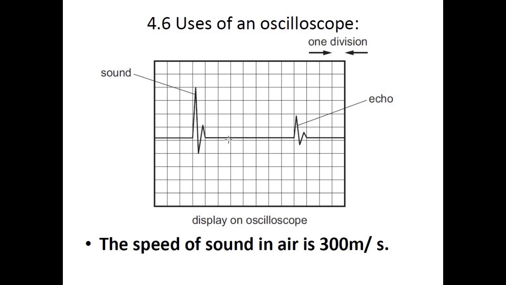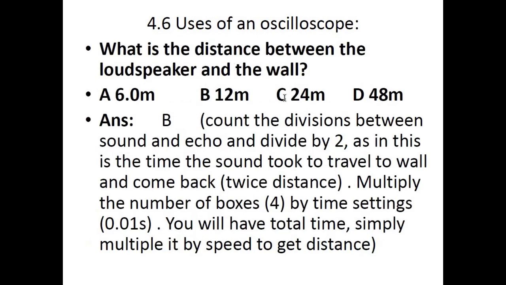So let's count 1, 2, 3, 4, 5, 6, 7 and 8. I'm counting until the end. So we have 8 divisions, and we know that this is the reflected sound. That means this is the total time for twice the distance.